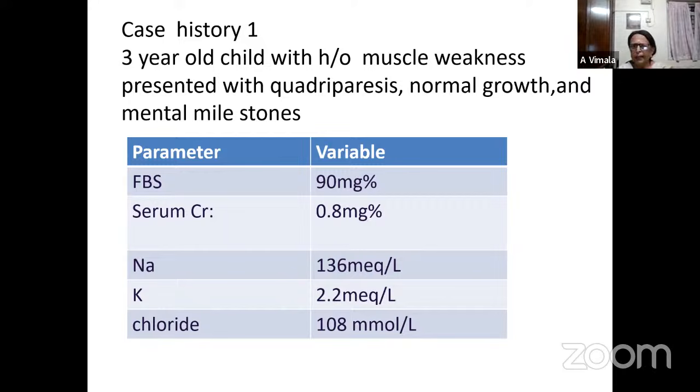The values are as shown. The child had a normal renal GFR with a creatinine of 0.8 and a normal blood pressure of 90. The significant abnormality you see in this investigation is a raised chloride and a low potassium with a normal sodium. So the child had significant hypokalemia.